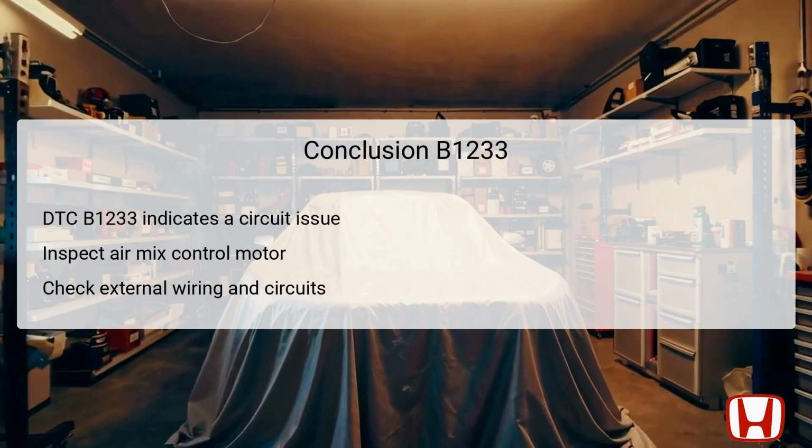In conclusion, DTC B1233 serves as an important diagnostic code that signifies an open in the air mix control motor circuit in the Honda Accord 2023 plus. Identifying this issue is key for maintaining effective climate control inside the vehicle. Emphasis was placed on inspecting the air mix control motor, as well as the external wiring leading to and from it, and the climate control unit.